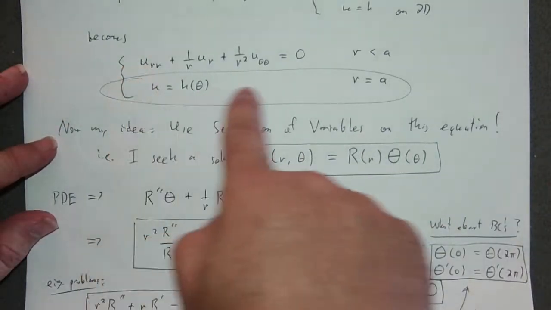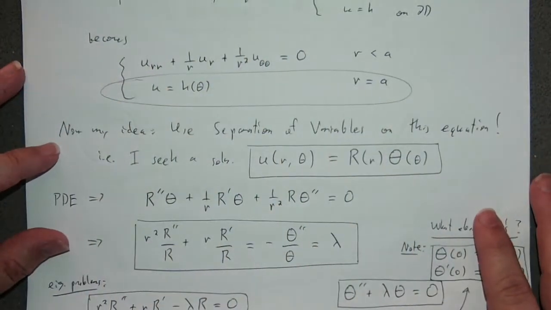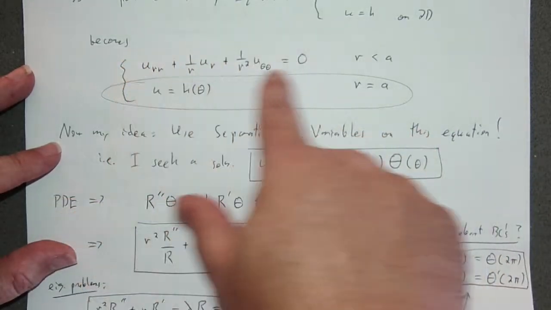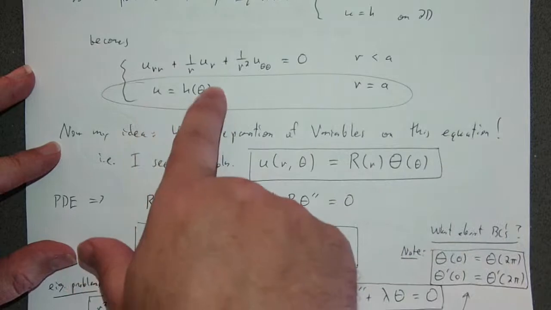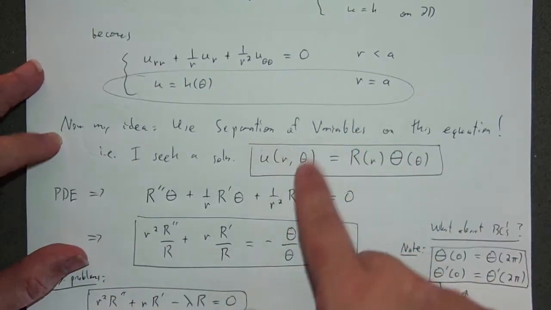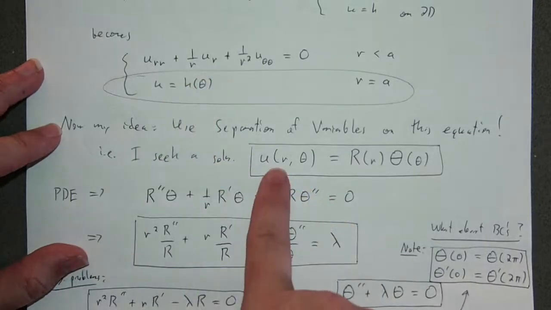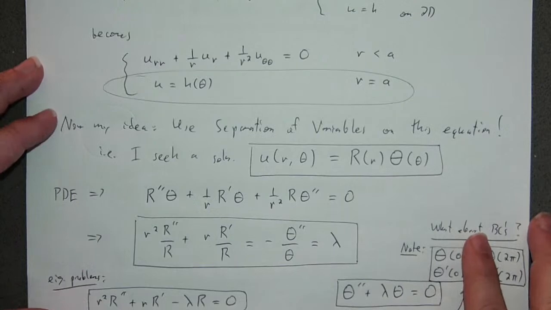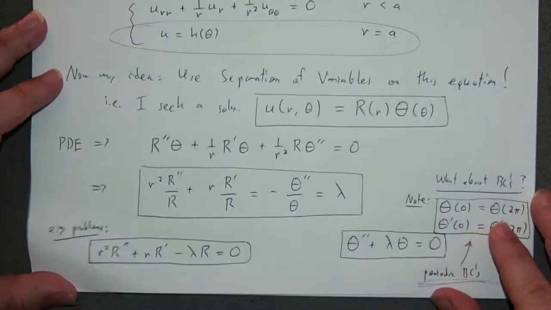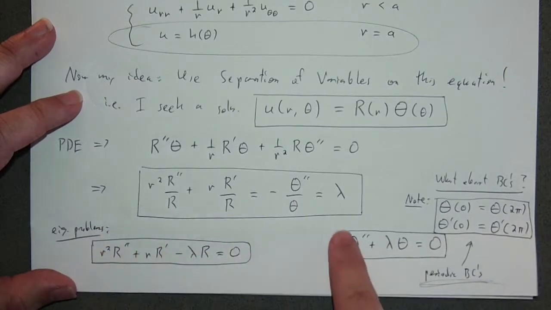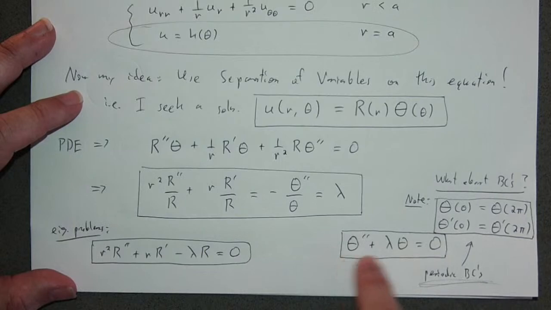So I seek a solution that satisfies this equation on the interior of the disk and then the boundary condition on the boundary of the disk. Using separation of variables now to separate my variables r and theta yields two eigenvalue problems. The first one is more complicated than I'm used to, but this one is exactly an eigenvalue problem that I'm used to.